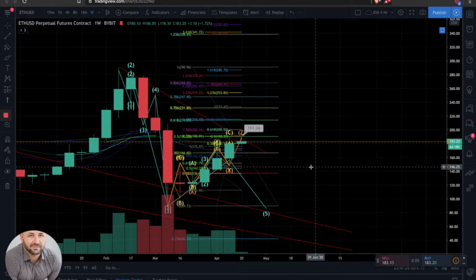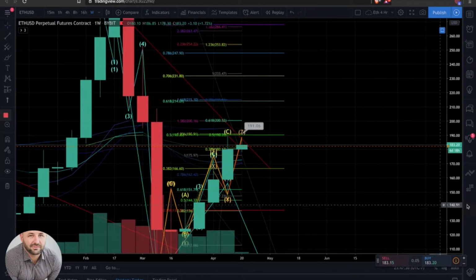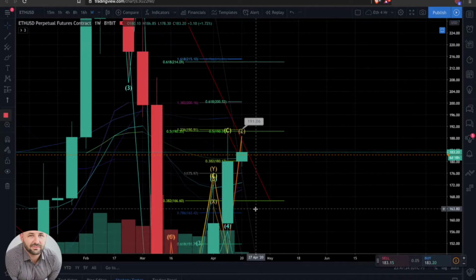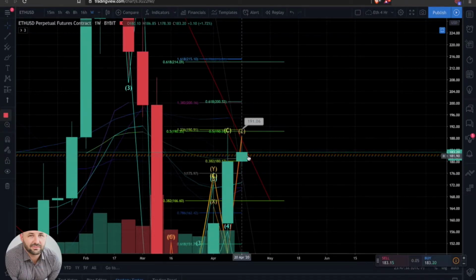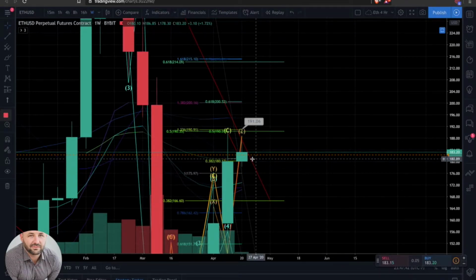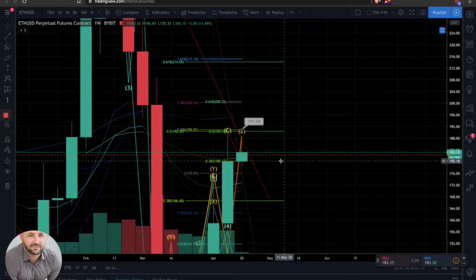So real quick on the weekly, the biggest thing we want to look at is a couple of support and resistance zones, and where we are currently. We did have this little pump up, and it looks like we're sitting at 183.20 after the weekly close, which is right over this EMA. I believe this was the 55 EMA.